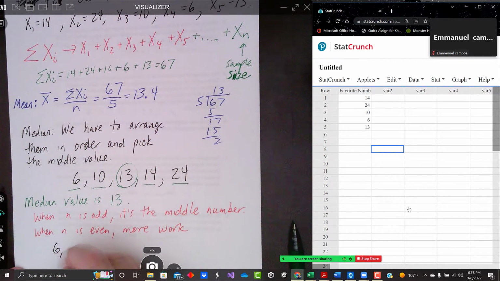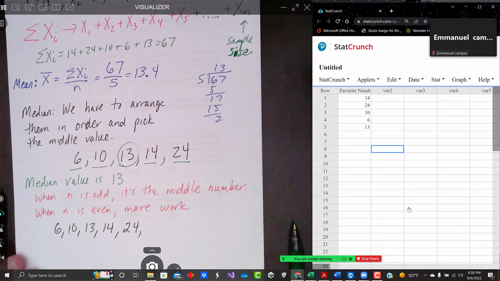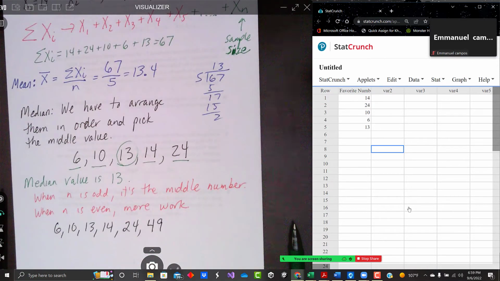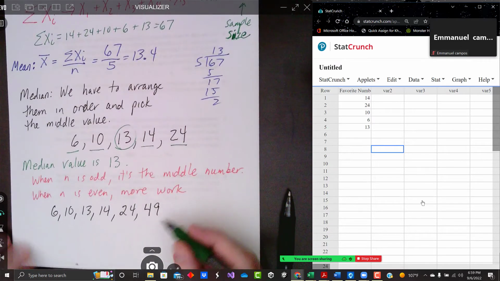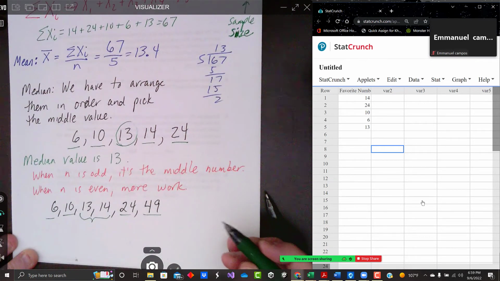I'll put our numbers here again. And my friend is a 49er fan. Let's say he likes the number 49. So now I've got 6 entries here. When I want to find the median, I go inward, canceling them out, and both 13 and 14 are in the center.